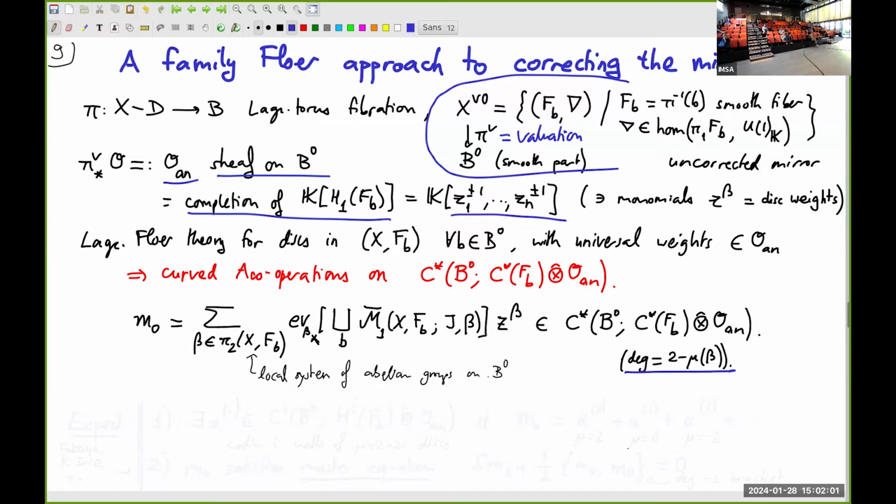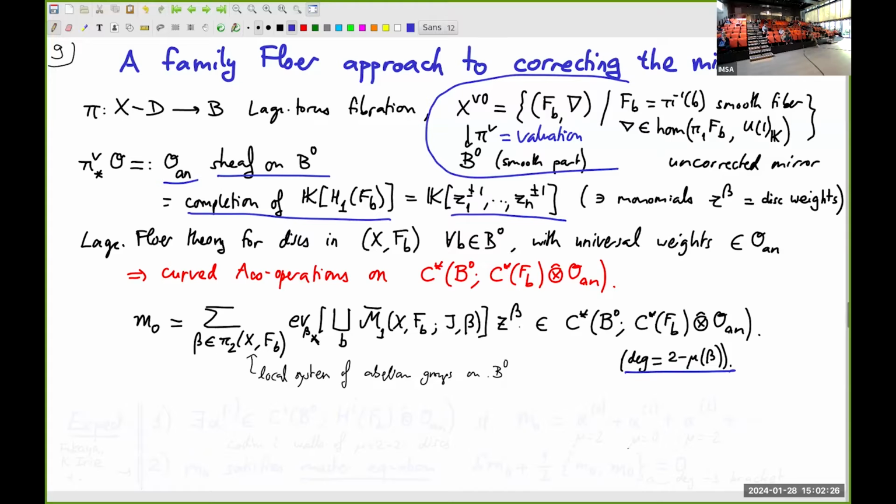So you should imagine, for example, Maslov index 2 disks. You can count them through any point on any fiber. And so this should be something of cohomological degree 0, because it's a codimension 0 thing. And instead, disks of lower Maslov index come in some codimension, and I expect to get at the end a cochain of that cohomological degree.